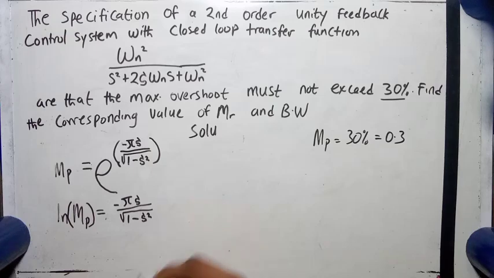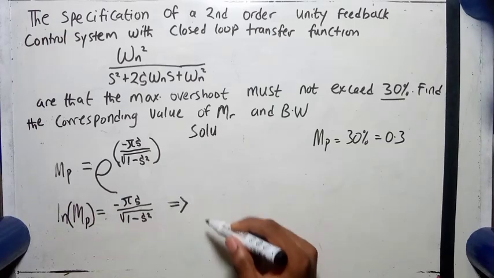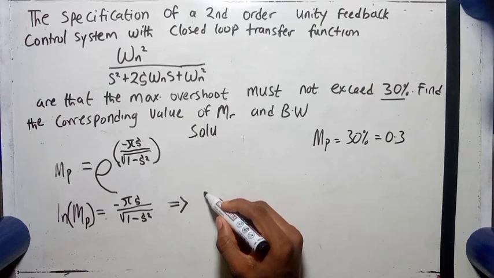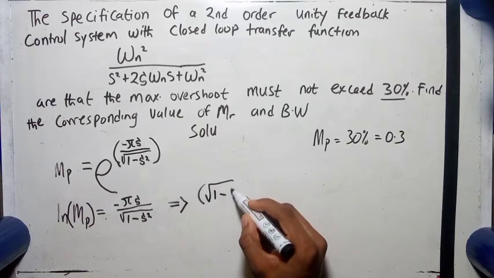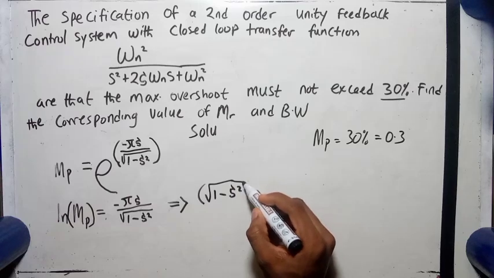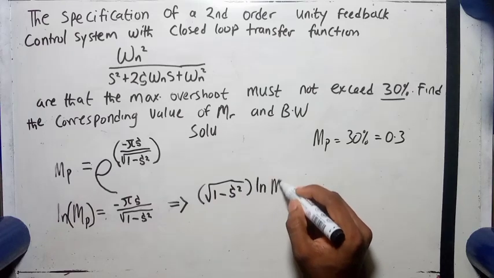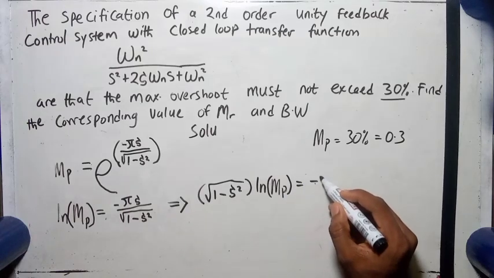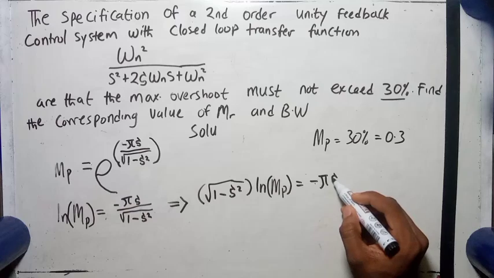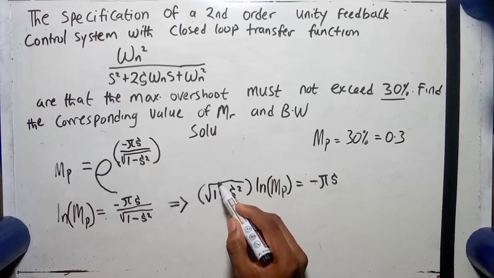Okay, now from here let's cross multiply, and we have that in brackets the square root of 1 minus zeta square times natural log MP is equal to minus pi zeta, right?